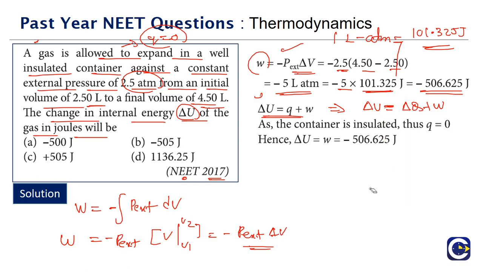If Q is 0, then in this formula delta U is equal to W. W value is minus 506.625. So approximately we can choose minus 505.